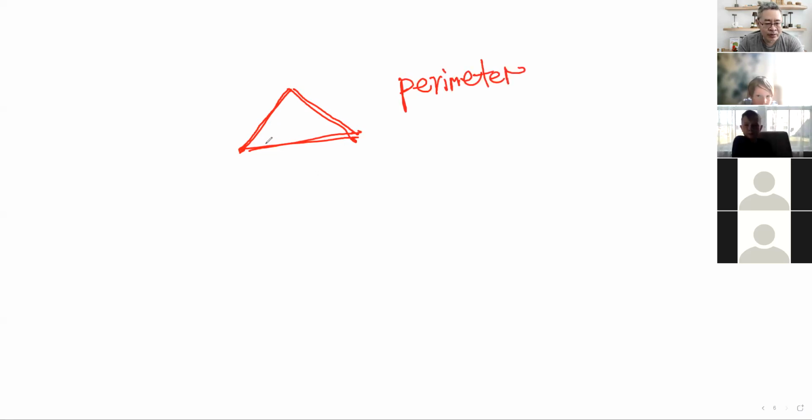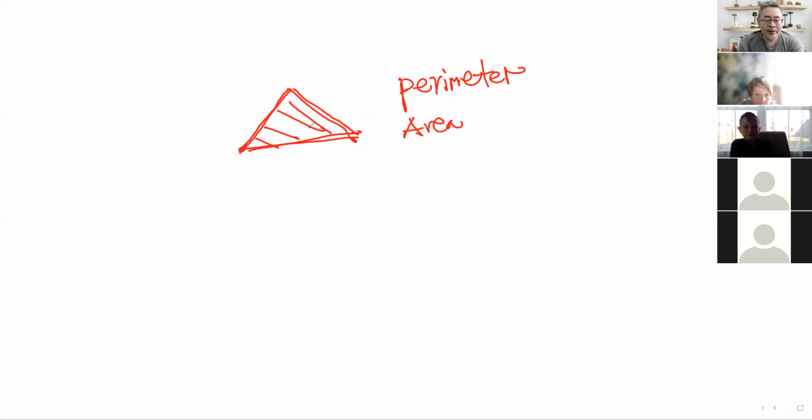So for example, if we have a triangle, there are two ways we can measure a triangle. One is add up all the side lengths. That's called perimeter. And we also can calculate its area, the space it occupies, area.